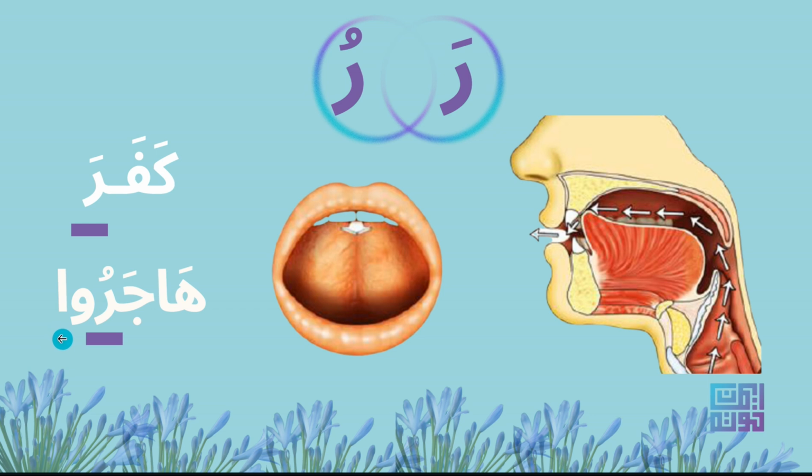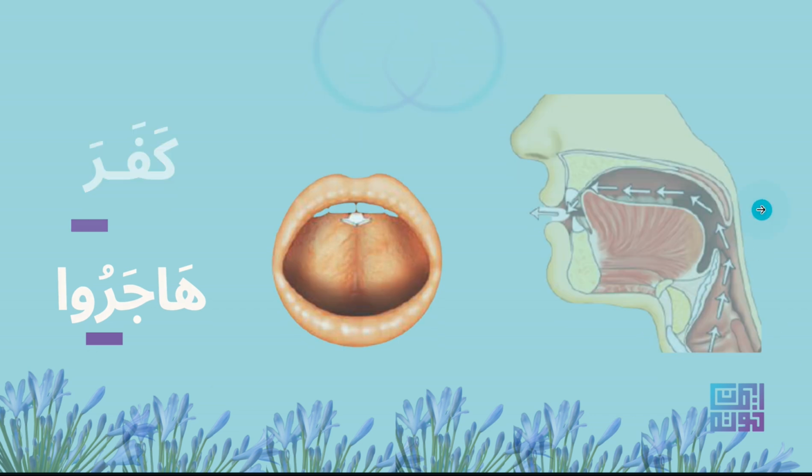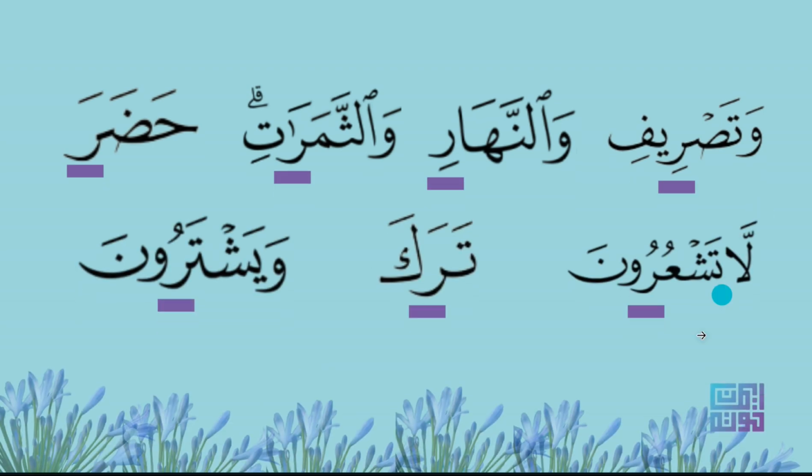The existence of this waw allows me to extend the pronunciation of the dhamma 2 counts more. So without the waw, I'm going to say ru, but with the waw, I'm going to extend it. The same length of time I pronounce the alif, I'm going to pronounce the waw. Now let's read the whole word. Hajaru. Okay? Let's have some examples here and let's start reading.